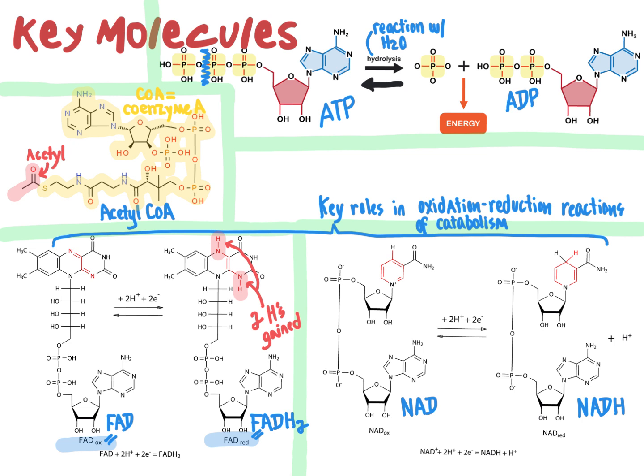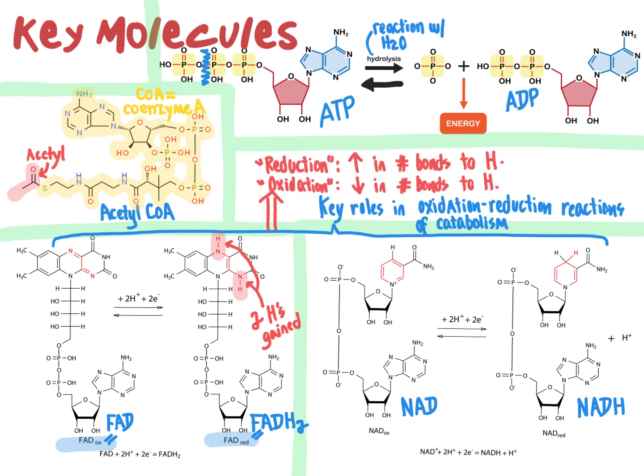And that is a general truth in oxidation and reduction reactions, that reduction corresponds to a gain in bonds to hydrogen as one way to define reduction. And so therefore, we can classify this molecule as being reduced relative to the one on the left, because this one on the right has additional hydrogen atoms that have been brought in, meaning that this molecule is reduced, or red, relative to the structure on the left that was oxidized.